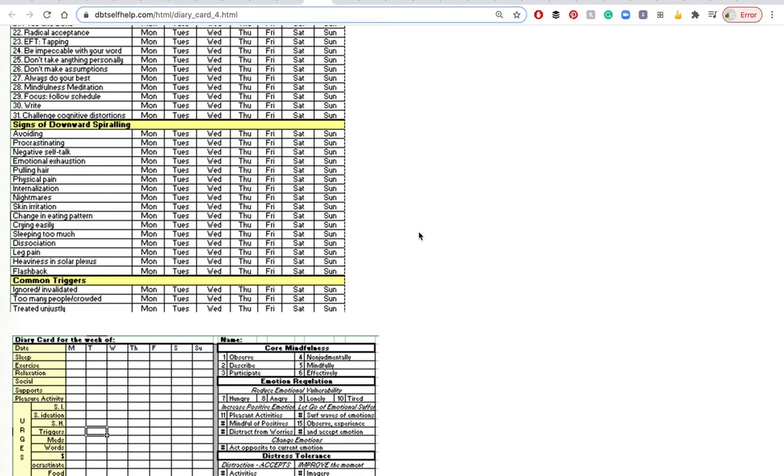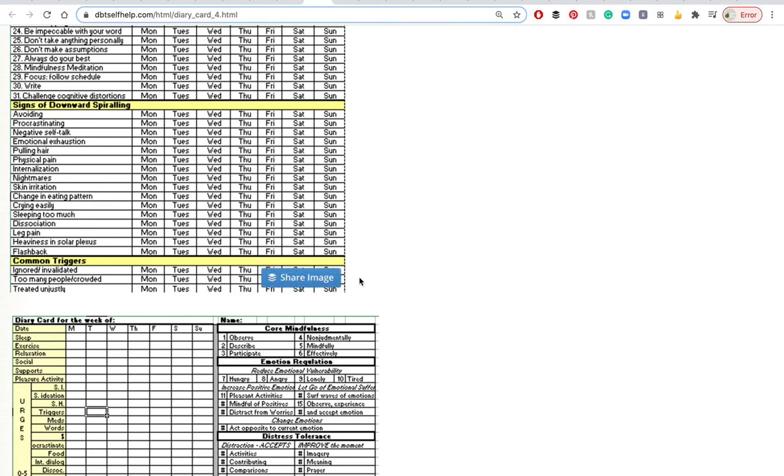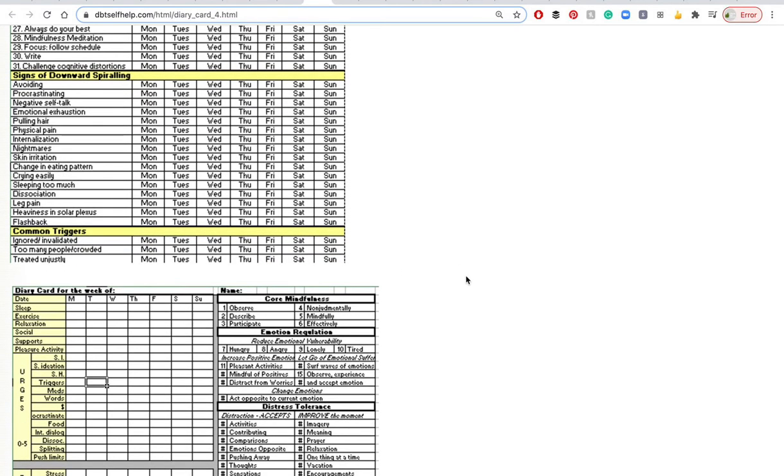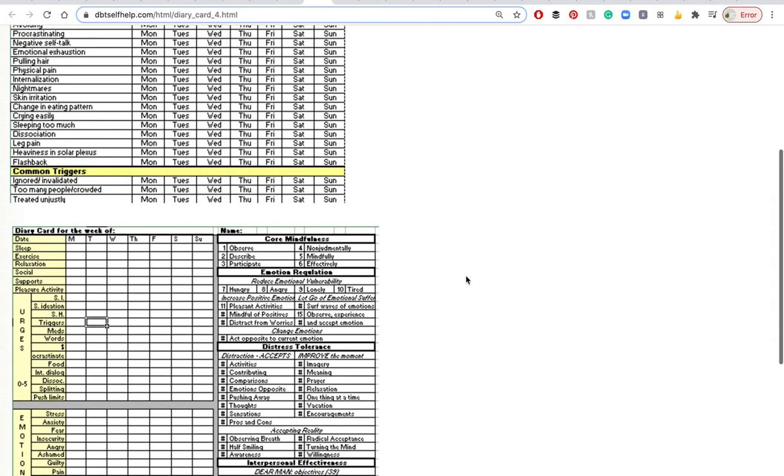I'm having some flashbacks, and for me, looking back on it, that's a warning sign of when things went awry. And we found physical pain specifically was one that came up a lot. So maybe this doesn't ring true for you, but I have used this section before, and just wanted to pull it out. And this one also has common triggers, which is another thing that I also used in that setting.